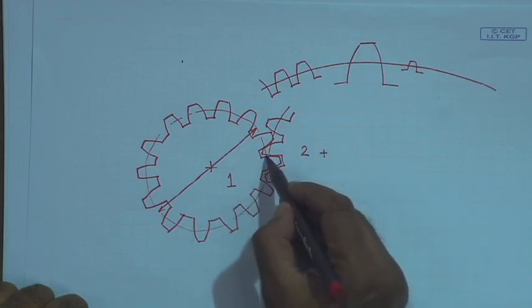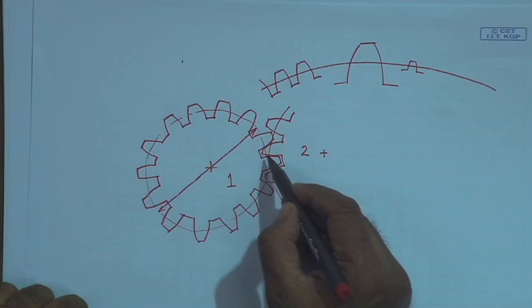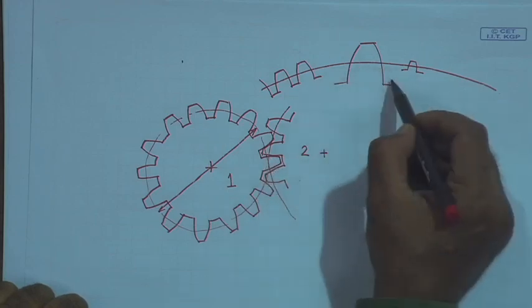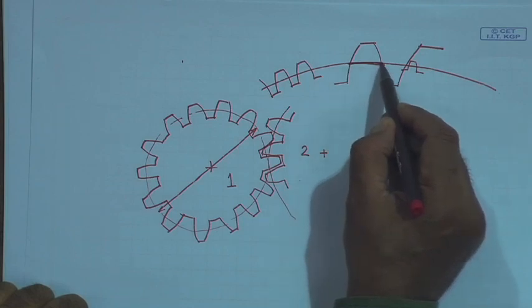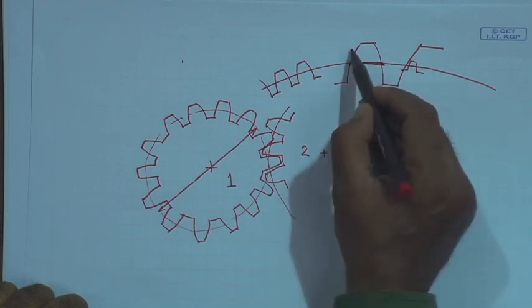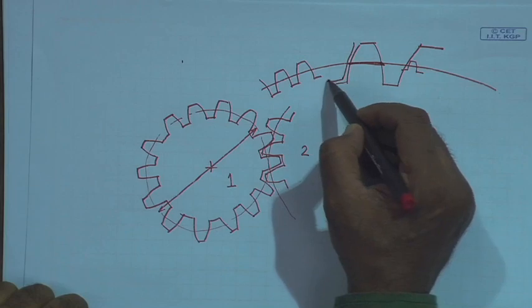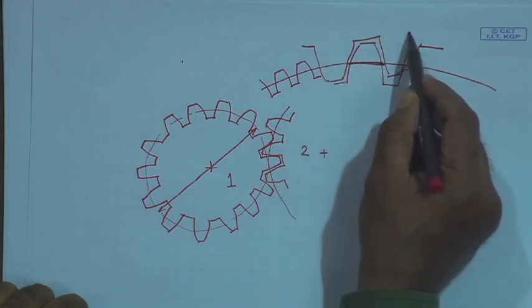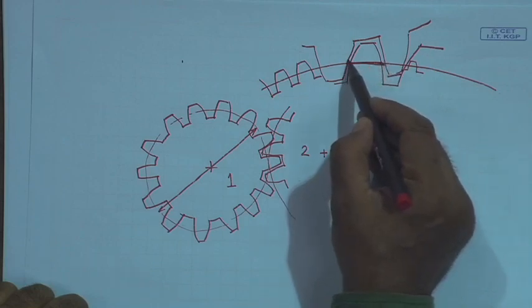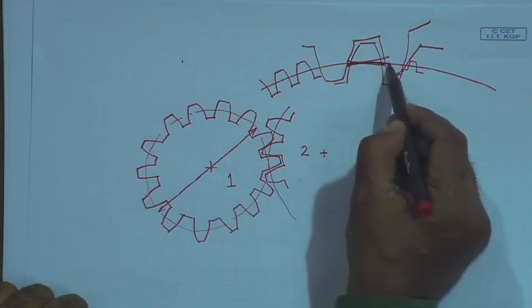Therefore, this particular circumferential distance, something like this, the circumferential span of this tooth, has to be accommodated by the tooth space of the corresponding gear with which it is meshing. So, this one has to accommodate this one.